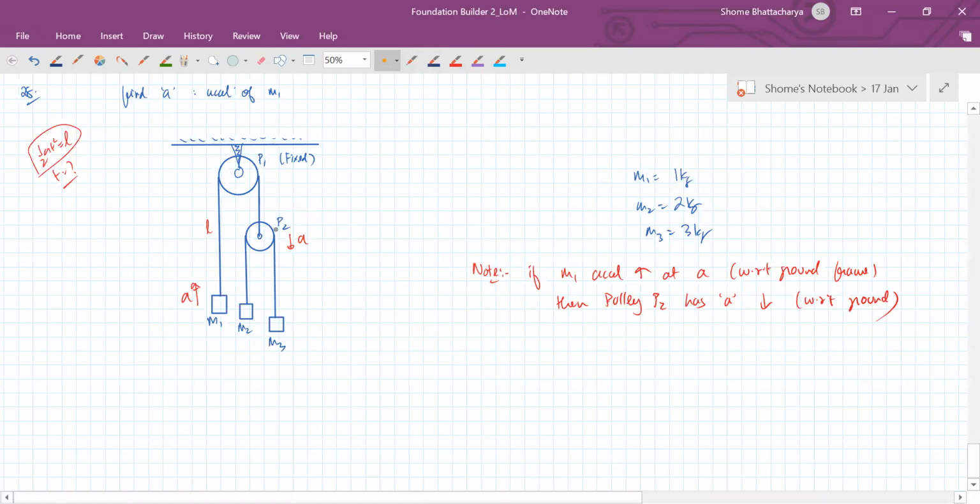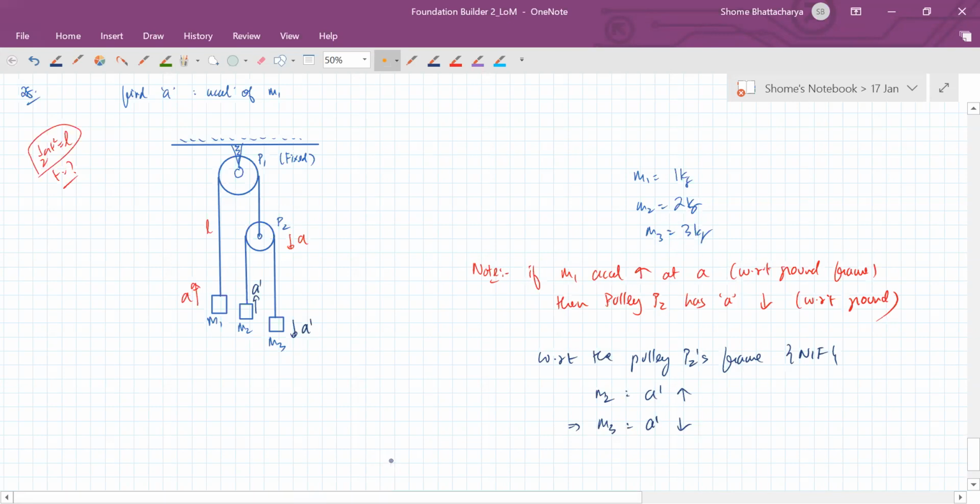And the other thing is, now in the frame of this pulley, this one will have some downward acceleration, let's say A prime. So this one will have the same magnitude of upward acceleration. So now secondly, with respect to the pulley P2's frame, which is basically a non-inertial frame because it's coming down with an acceleration A, M2 has an acceleration of A prime upwards. So that means M3 will have an acceleration of A prime downwards.